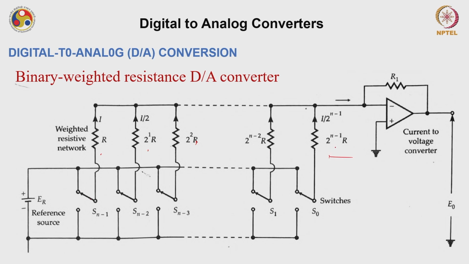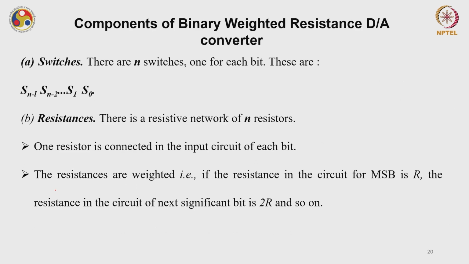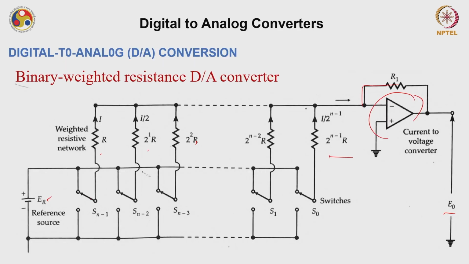At the end you have 2 to the power n minus 1 into R. Here your op-amp is connected through its output by a feedback resistance R1. This is the output voltage and ER is the reference voltage. You have n number of switches, one for every bit. So S0 to Sn-1 are switches.